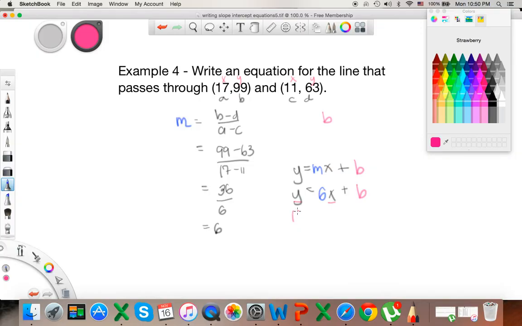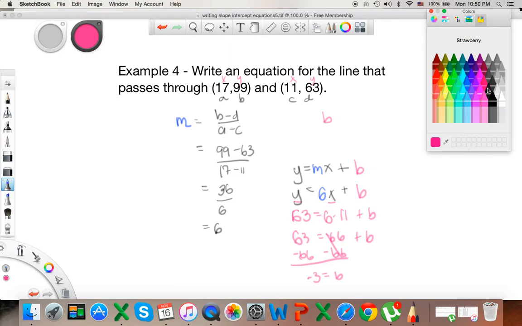(11, 63). So over here for y, I put 63 equals 6 times x, which is 11, plus b. I get 63 equals 66 plus b. I'm going to subtract 66 from both sides, and I get b equals -3.